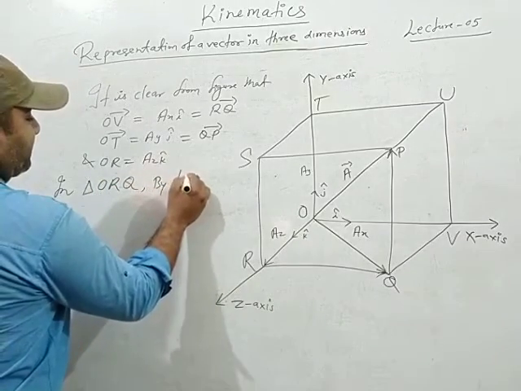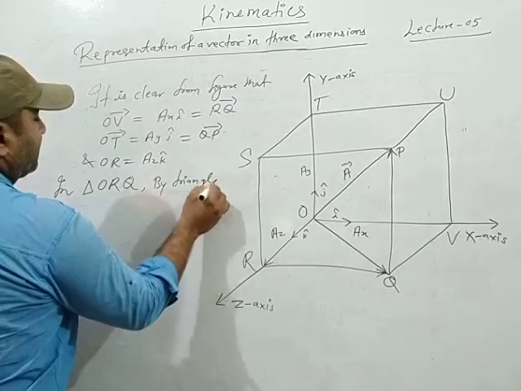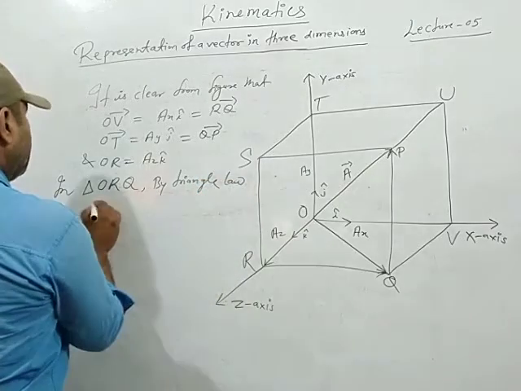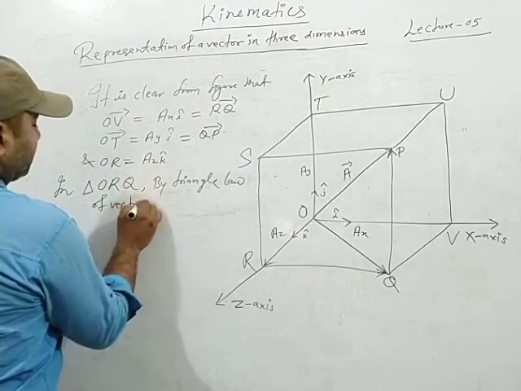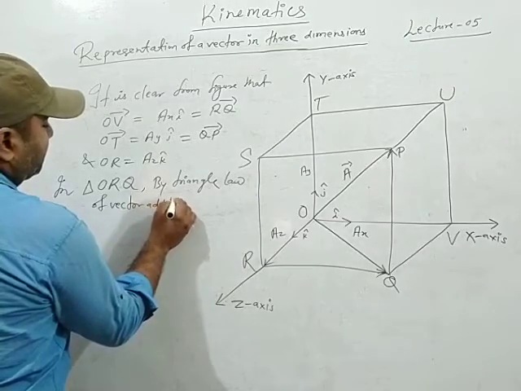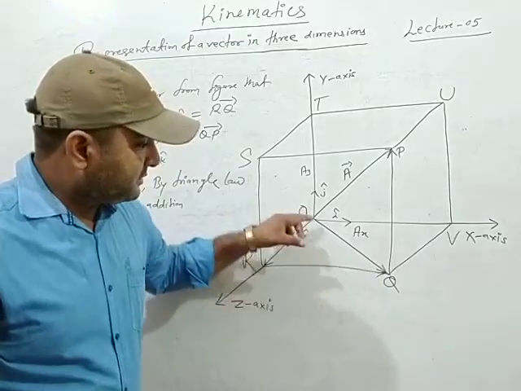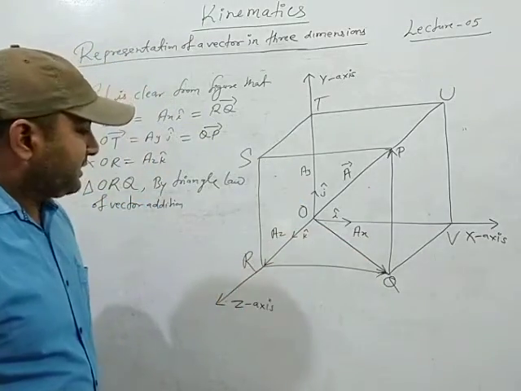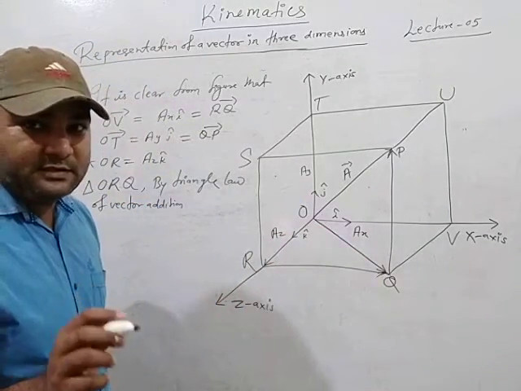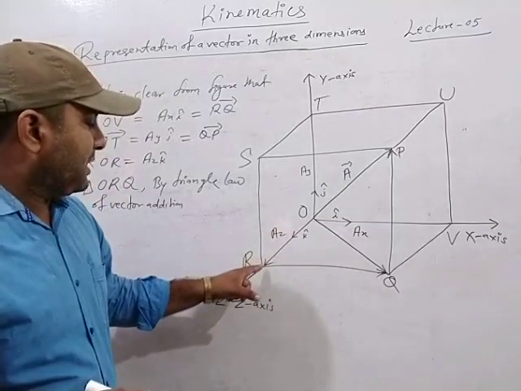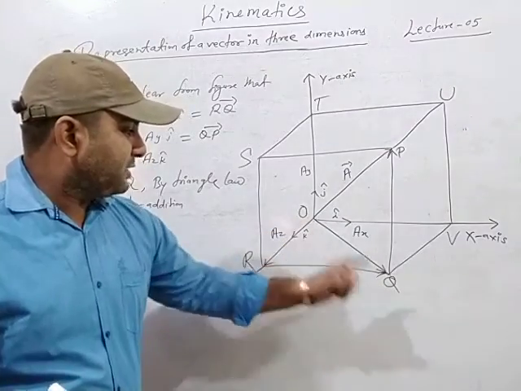by triangle law of vector addition, when two sides are taken in the same order, then the third side taken in reverse order gives the resultant. It means OR plus RQ is equal to what? OQ.